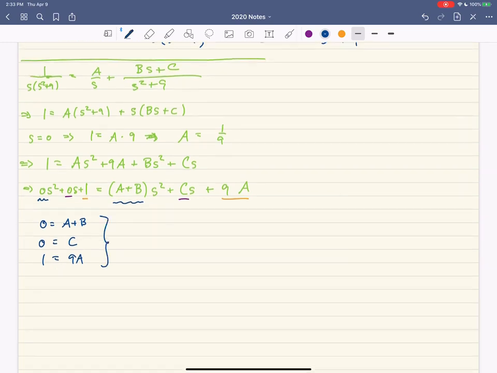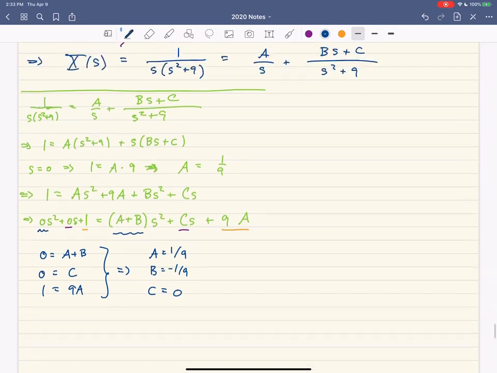So we already know A is 1/9, that's old news. B is minus A, so B must be -1/9, and C is 0. I think that's actually easier than plugging in 2 arbitrary values, hoping that nice things cancel. It's really not too much different one way or another.